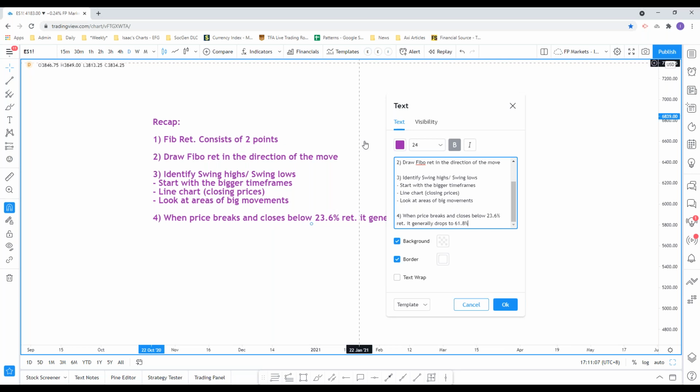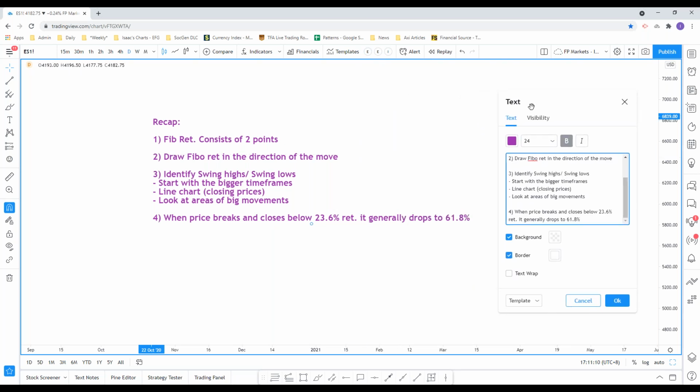When price breaks and closes below 23.6% retracement, price generally will drop further down to the 61.8% retracement, which is a key Fibonacci retracement level.